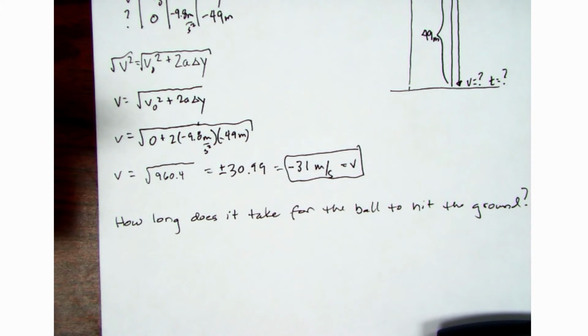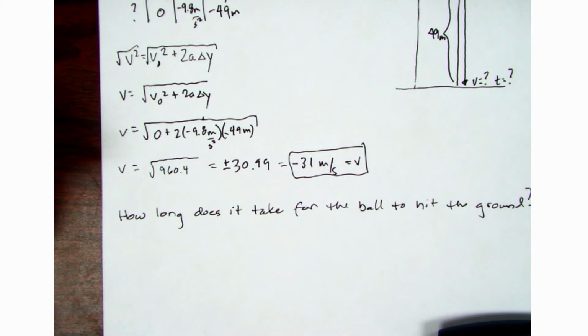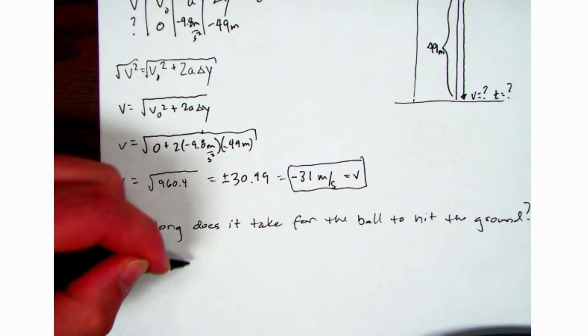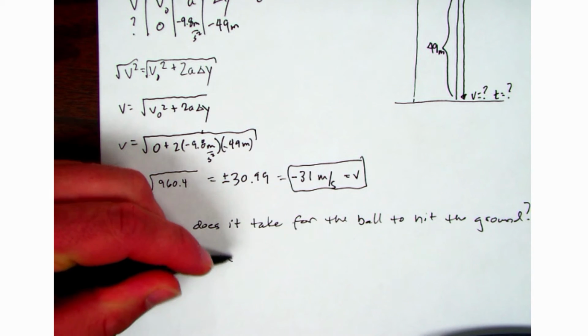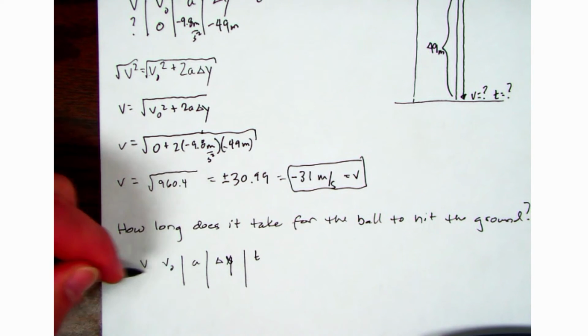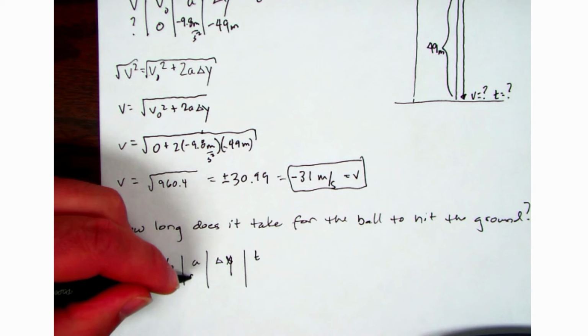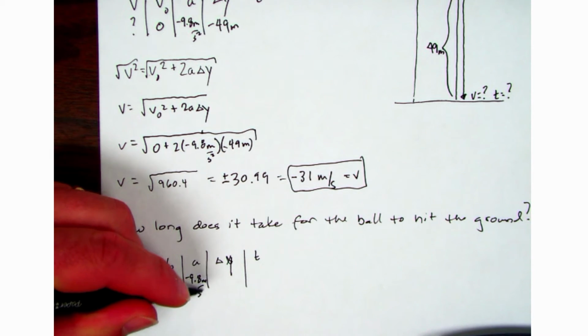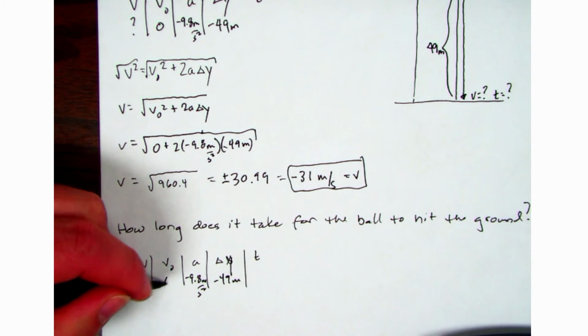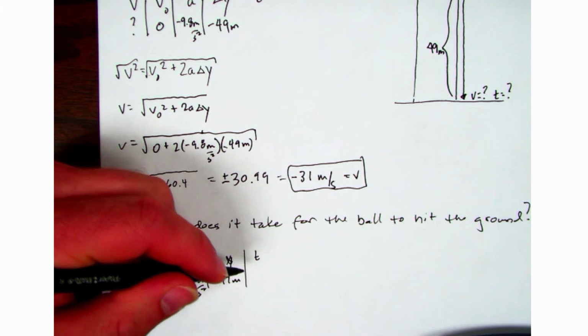Now one more follow-up question. How long will it take for the ball to hit the ground? Okay, so let's again make our chart: V, V naught, A, delta X, delta Y, and T. And so A is negative 9.8 meters per second squared, delta Y is negative 49 meters, and V naught is 0, and we want to solve for time.